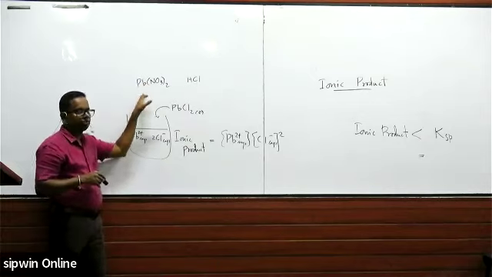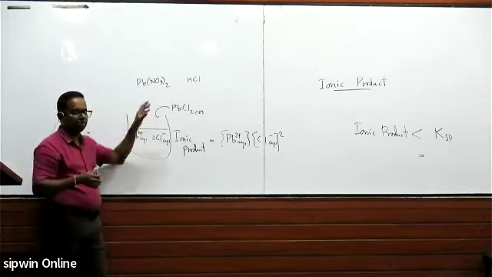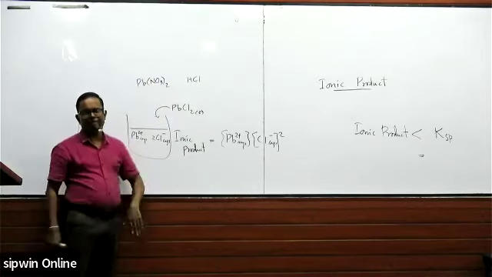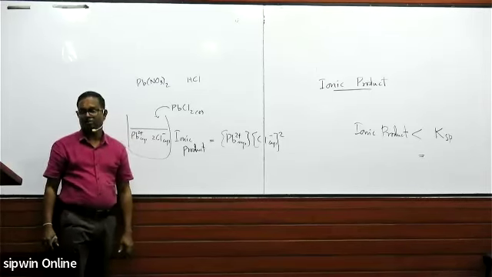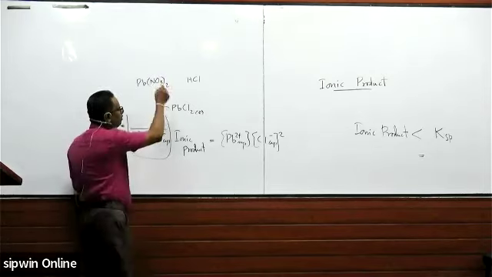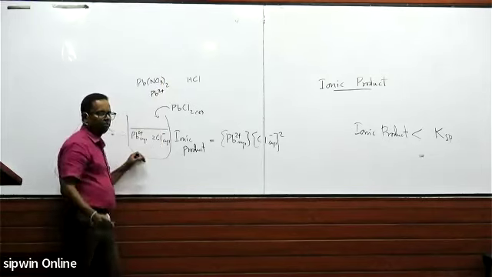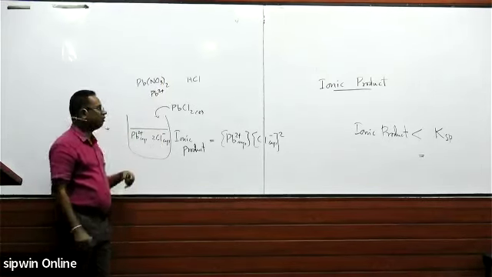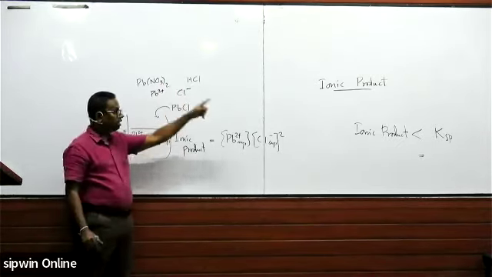A certain amount of this and of that are given, so you know the number of moles, concentration and volume. Mixed together, does a precipitate form? Now what you have to do: with the given volumes, take the lead 2 plus concentration in the mixture solution. Then take the chloride concentration in the same way. Then you write the ionic product.